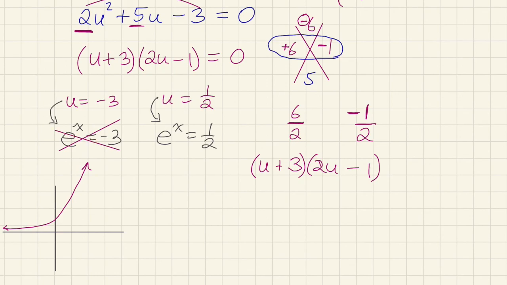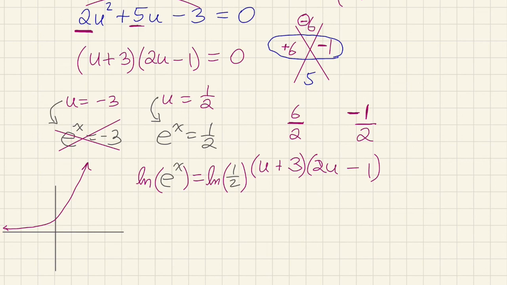If I went through the process and tried solving it, it would also show me that it really can't be part of the answer. All right, so e to the x equals 1/2. I still have to solve for x, so I'm going to ln both sides. Bring that x down, and also the ln and the e are basically going to go poof. I hate saying the word cancel.